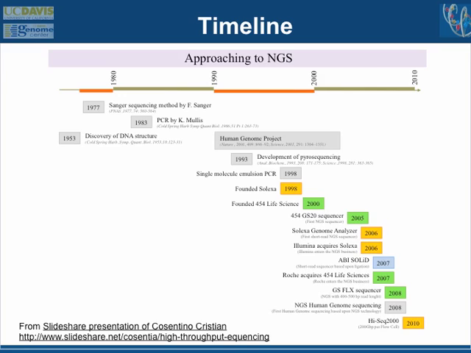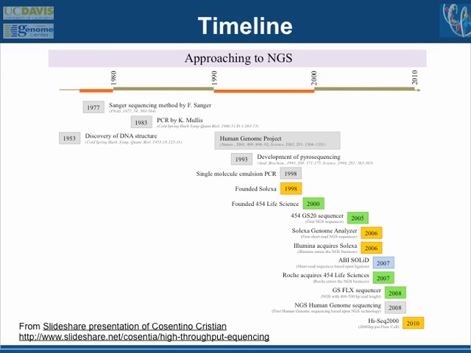So in 2005, the 454 sequencer came out as a commercial product. There are lots of sequencers that have come out but have never been sold. We're not counting those. If someone just announces that they've sequenced something in their garage and don't actually sell a piece of equipment or release the data, we're not going to count those.